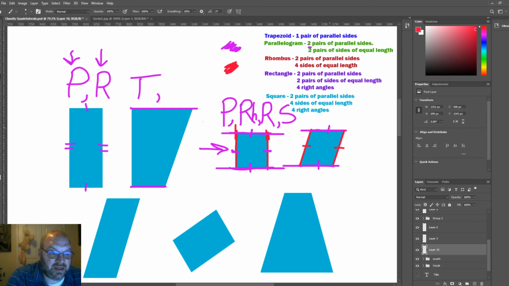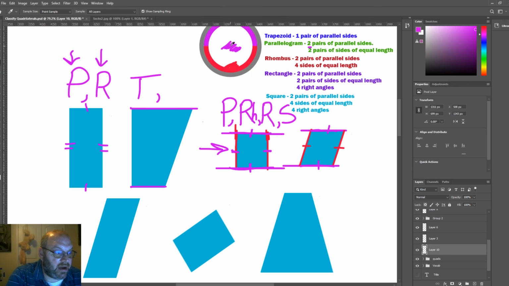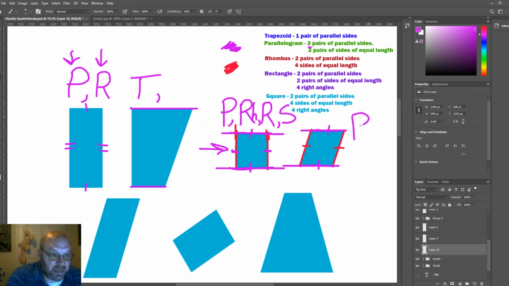This is one pair, my purple's one pair, my red is two pairs of sides of equal length. Yeah, so this is a parallelogram. I know, it's getting confusing, I understand. This is why I said copy these down so you can go over it during the lesson.